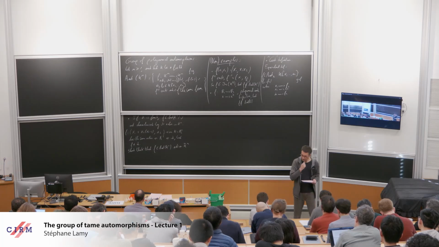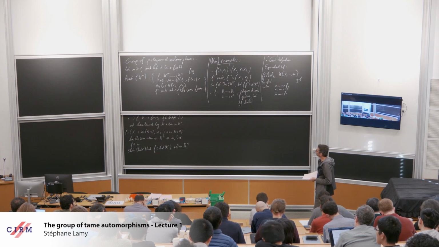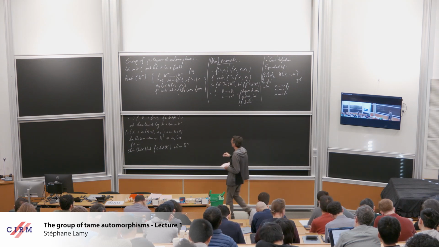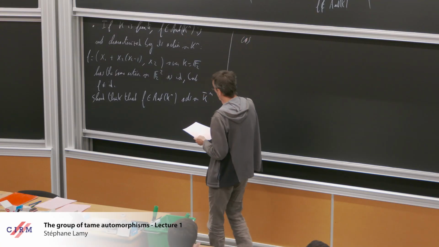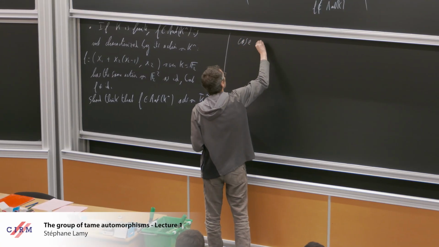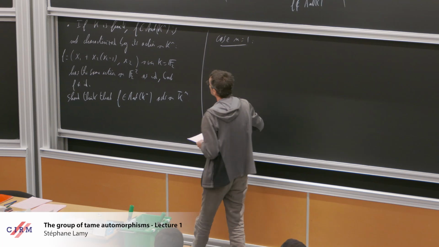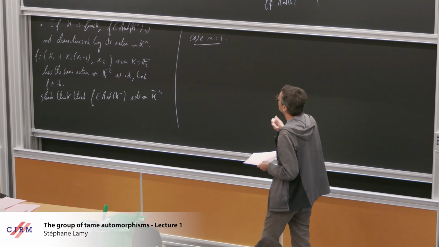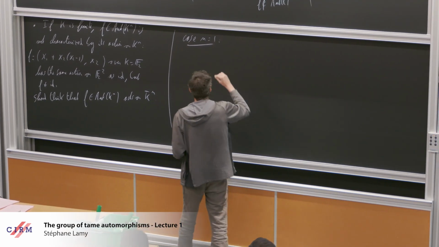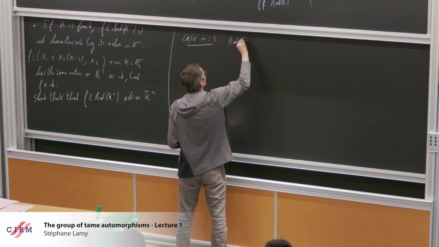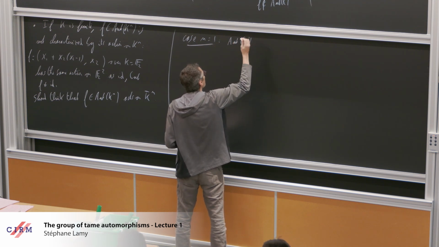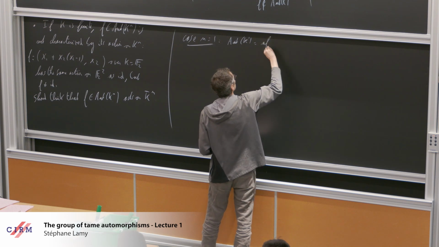Okay, so maybe the trivial case is n equals 1, but you have nothing interesting because it's only the affine group. So Aut(K^1), if you want, is just the affine group.